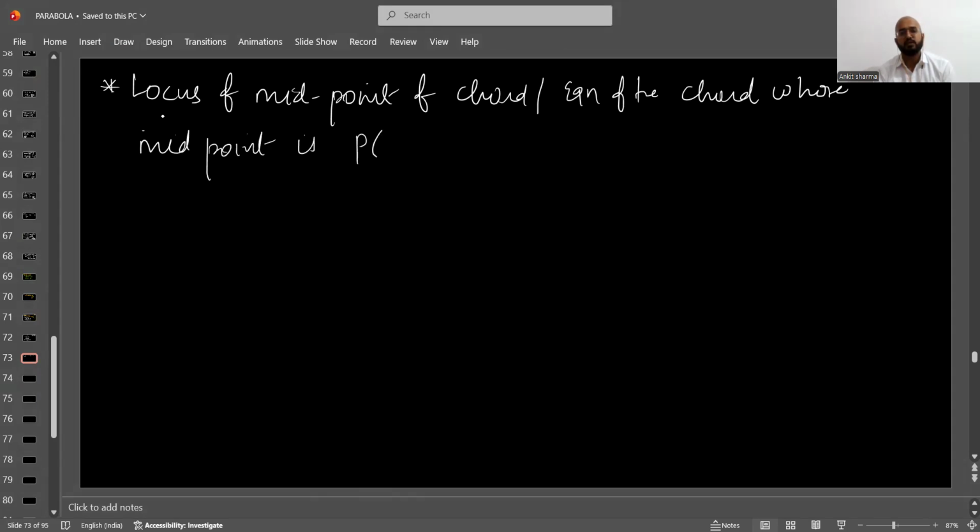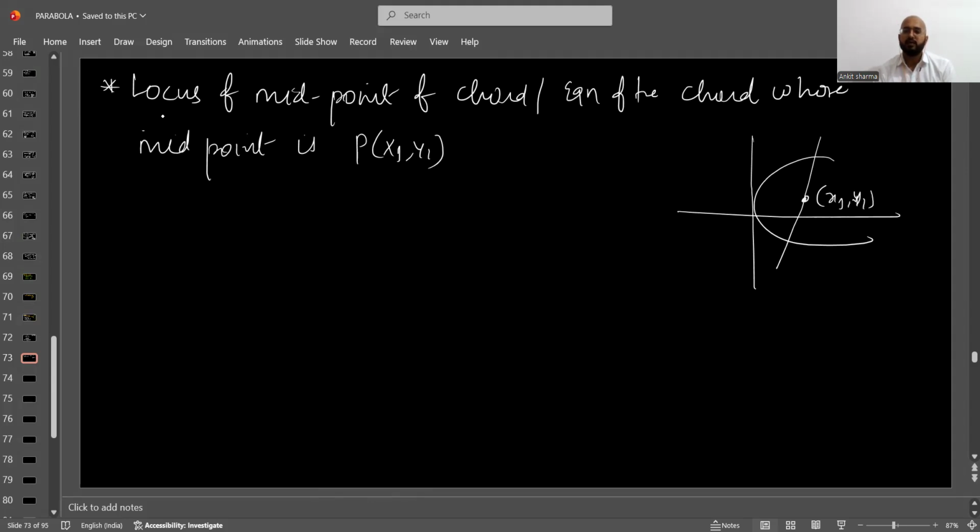Whose midpoint is some point, say x1, y1. That means I have a parabola, you can imagine. And now there is a chord here given, and its midpoint is given to be, say, x1, y1. So I want to find out the equation of this chord.